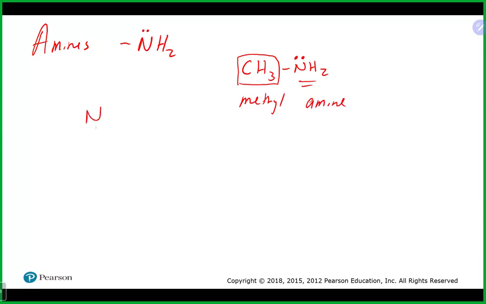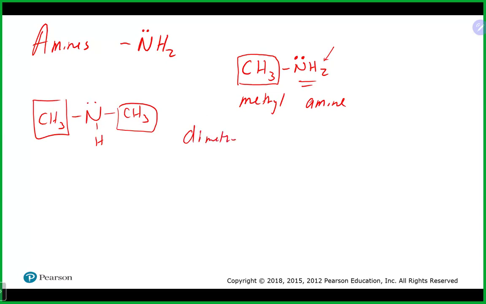If we had a couple of these, this would be a methyl and another methyl. And again, you can see we lost the hydrogen there by putting an extra carbon group on it. And that would be dimethyl amine.